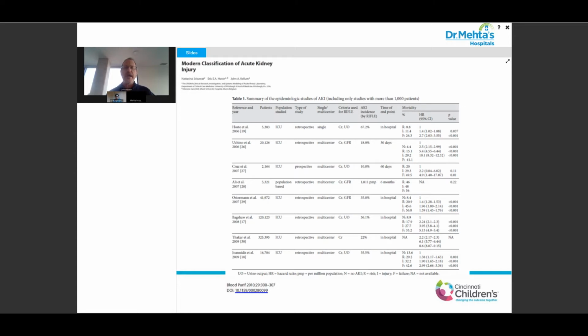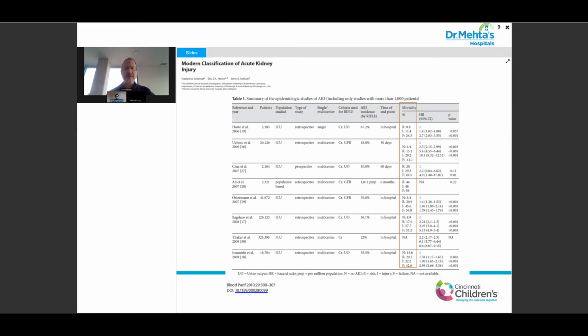Patients who doubled their creatinine or had 12 hours of oliguria had worse outcomes than patients with R, and patients with F, which either tripled their creatinine or had 12 hours of anuria or 24 hours of oliguria, did worse than patients with I or R. And it didn't matter if these were patients with sepsis, community-acquired pneumonia, after heart surgery, the associations and the increasing association with mortality based on RIFLE severity always held true.